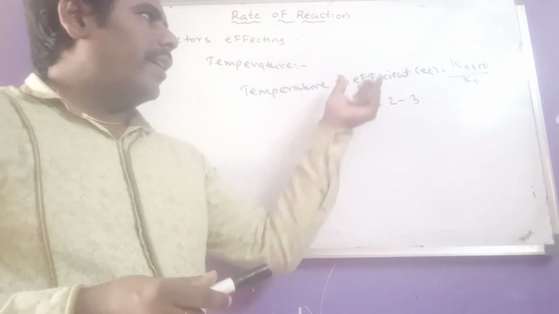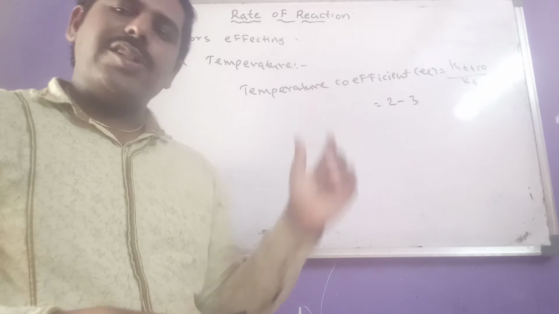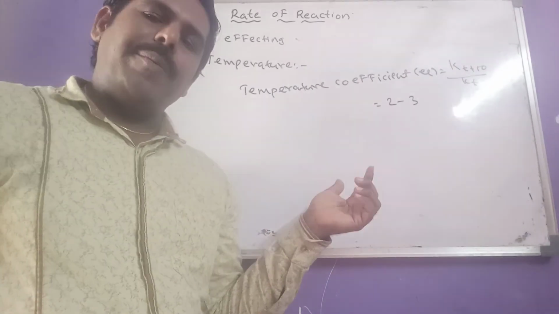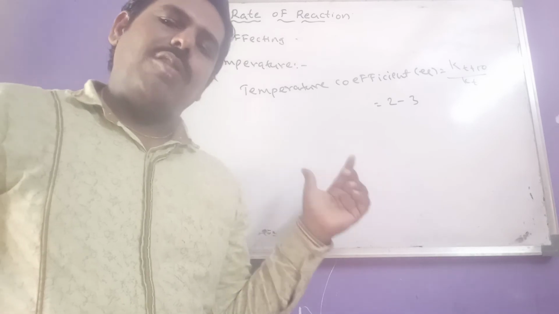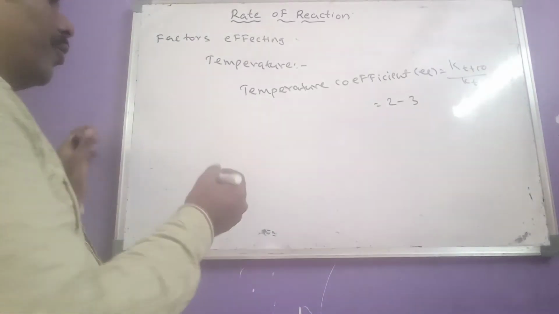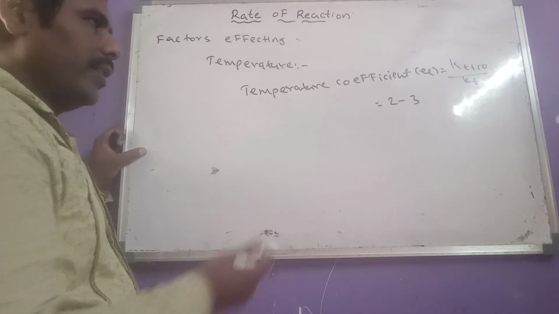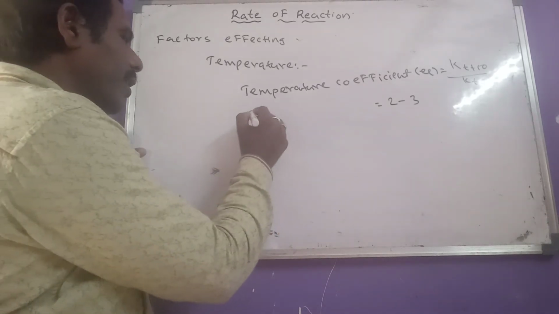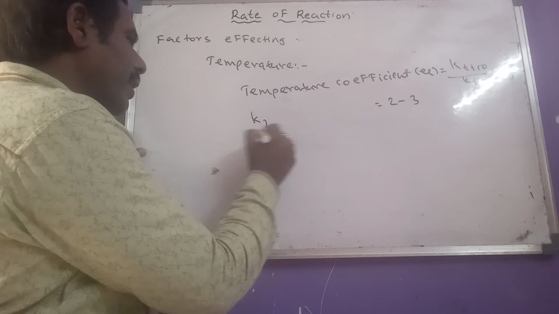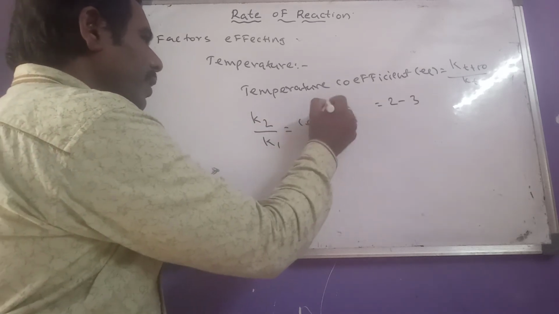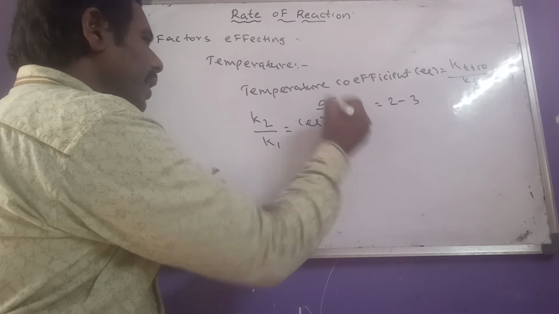So this is regarding temperature coefficient. And regarding this, let us see one problem here, in which way we have to solve that. So for example, I give one formula, then we can go for the problem. What is the formula? K2 by K1 equals to mu to the power delta T by 10.